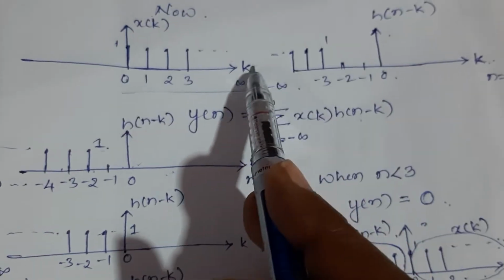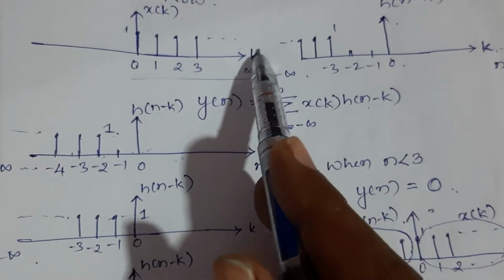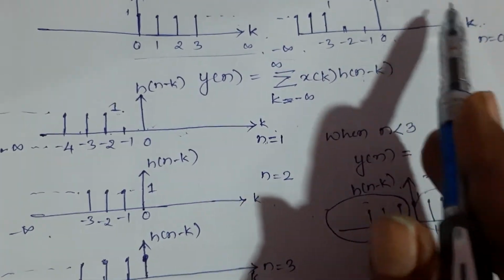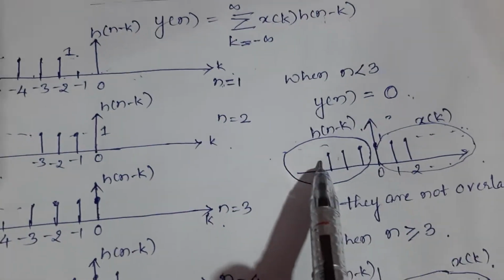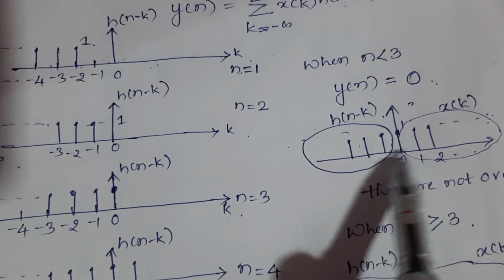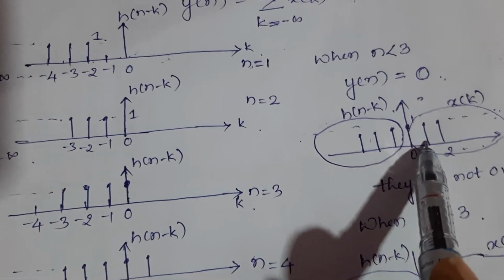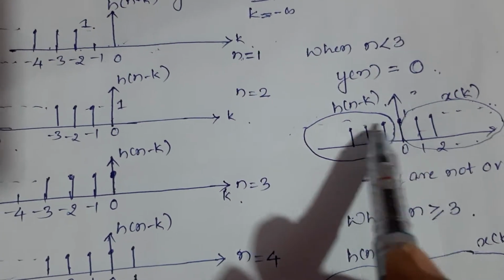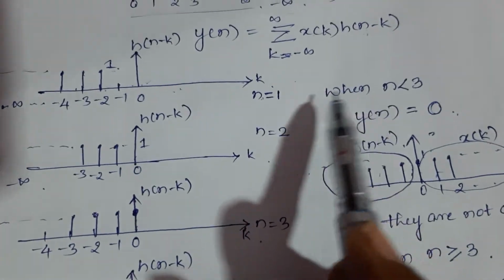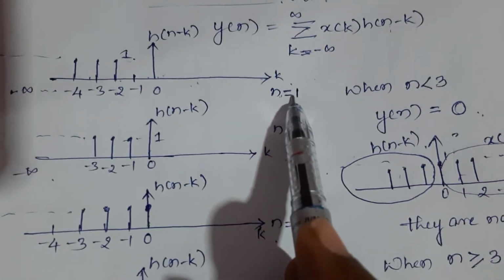And as it moves towards the left, certainly we are increasing the gap. One signal is on this side, another signal will be on this side. As the gap increases between these two, there is no possibility of multiplication. In the sense, no non-zero multiplication exists. So it is always 0 as long as I choose the value of n as negative.